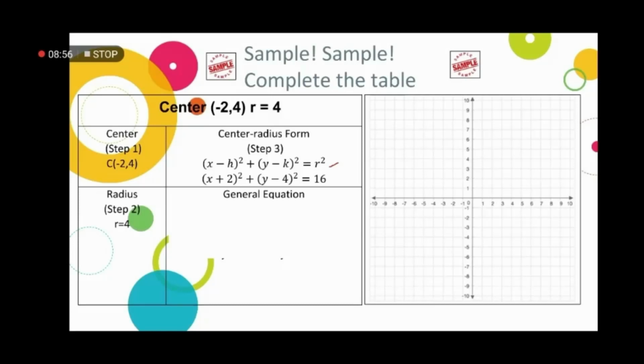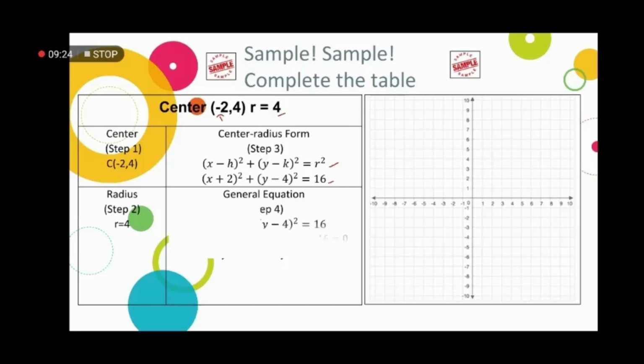Why does this become x plus 2? As you can see in the center, we have a negative sign, so the sign in x minus h is interchanged. This becomes (x plus 2) squared plus (y minus 4) squared equals the square of the radius, 4 squared, which equals 16.